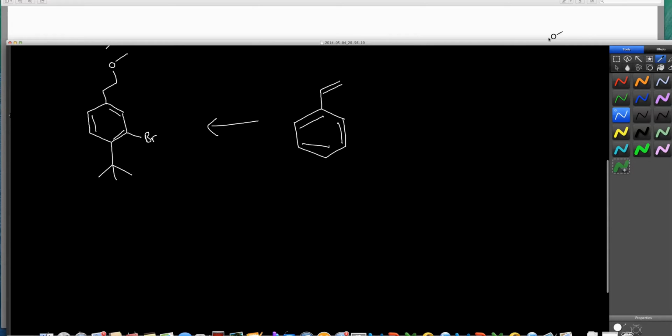So if I had it, actually let's go one better than that. Let's just have an ethyl group. So if I already have this in place, I could brominate next.